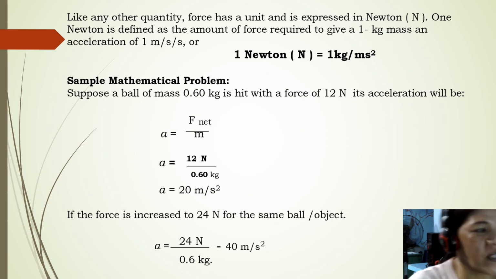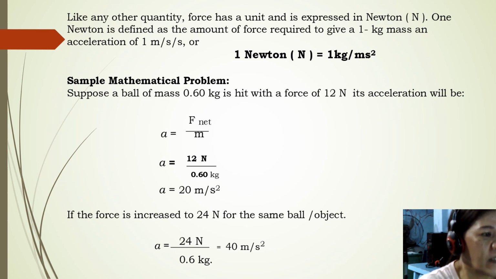If the force is increased to 24 Newton for the same ball or object, then you have to substitute the value for net force that is equal to 24 Newton.